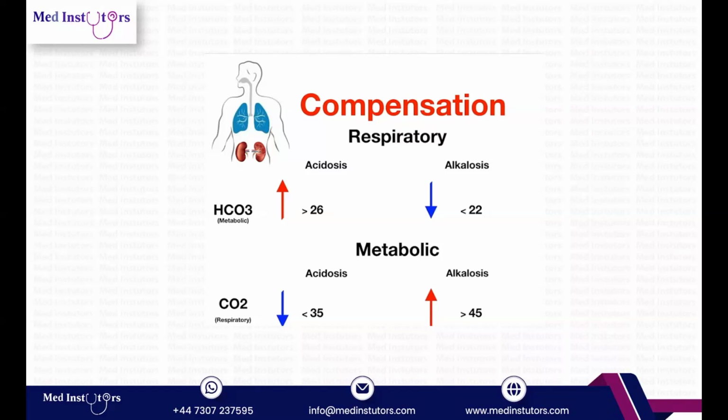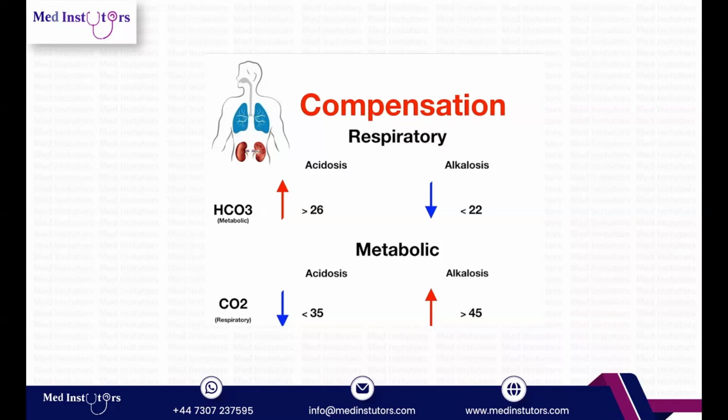For instance, take the compensation for respiratory acidosis. In respiratory acidosis, the blood is having excess acid, and what can solve the problem? Some bases. The base comes from the kidneys' compensation, which is your bicarbonate ion. So in that case, the bicarbonate ion should be more than 26.